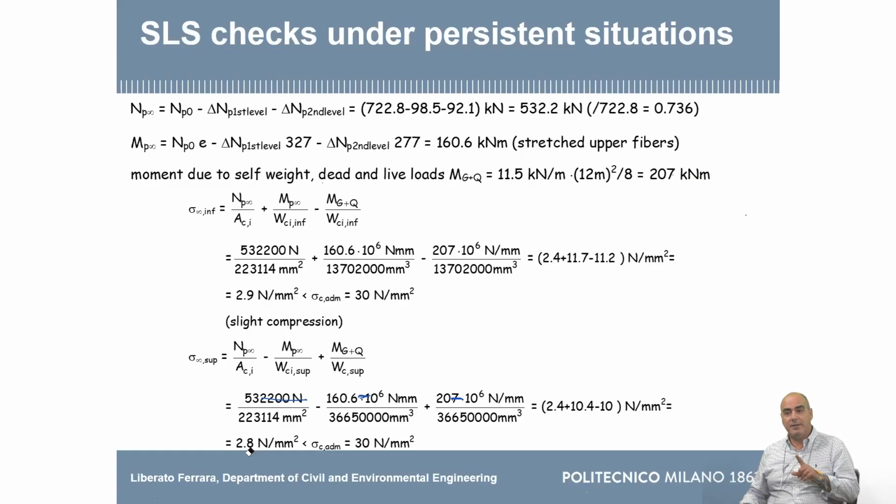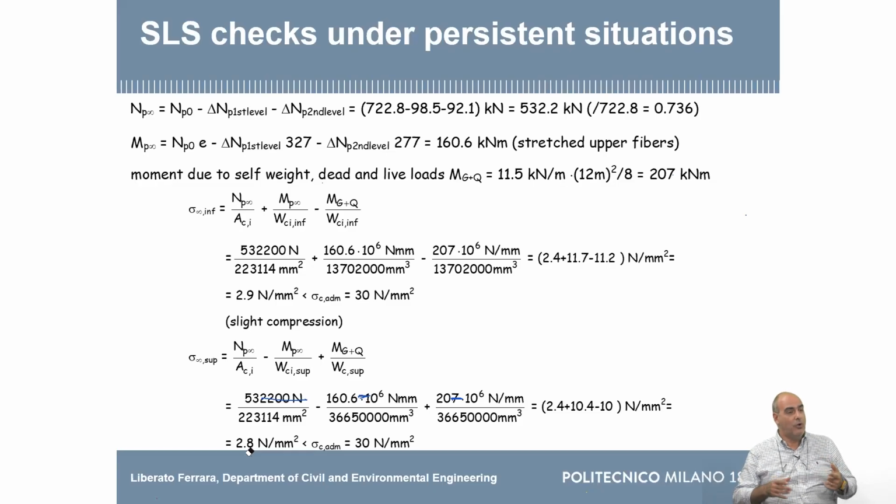Here you can also understand why making the check only here may not be sufficient, because if you move to another cross section, it's not only that you are changing the bending moment because the bending moment is parabolic, but since you are changing the stress state, the pre-stressing losses will also change.